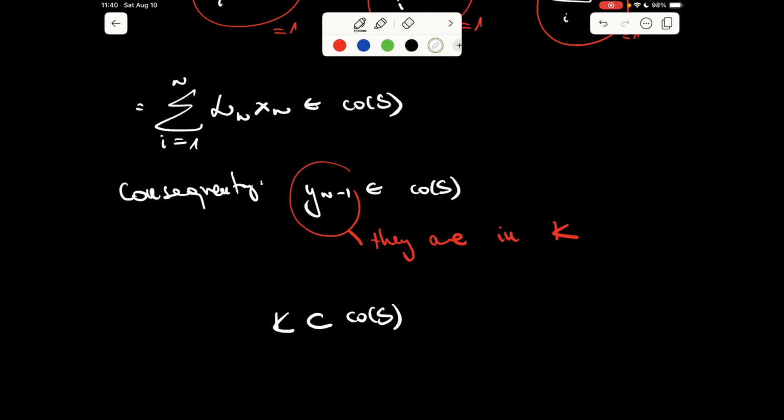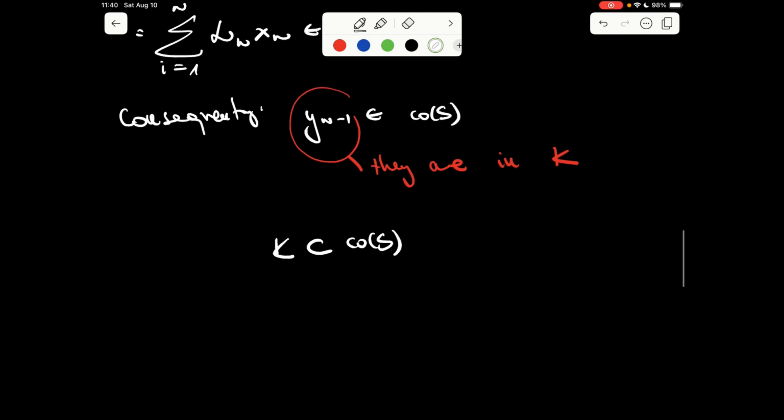If we have a certain type of vector making up a set, just like in this case with vectors y_{n-1} making up set K, and these vectors are all elements of another set, like in this case y_{n-1} vectors are in COS, then it follows that set K is a subset of COS.